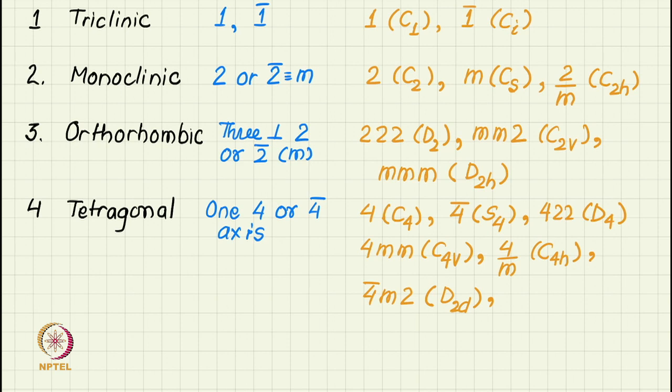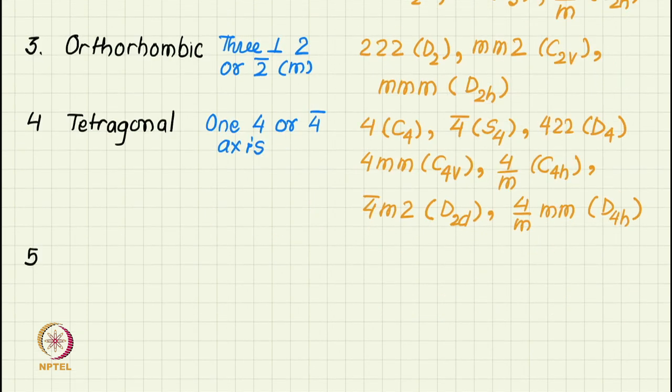And finally 4 by m mm, which is D4h. So you can see that 7 point groups belong to the tetragonal crystal system.